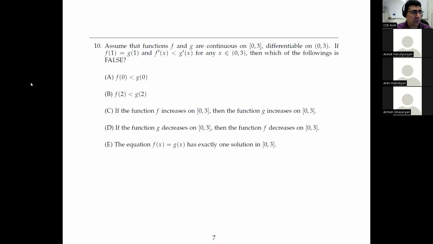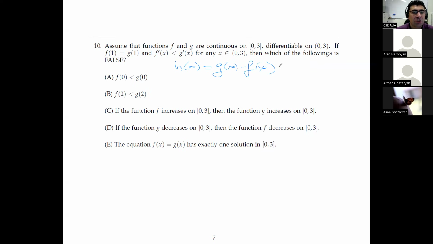Guys, first of all, let me just introduce the function h of x, which is g minus f. What can we say about the h function, guys? People say it's always greater than 0, but the derivative is always strictly positive.